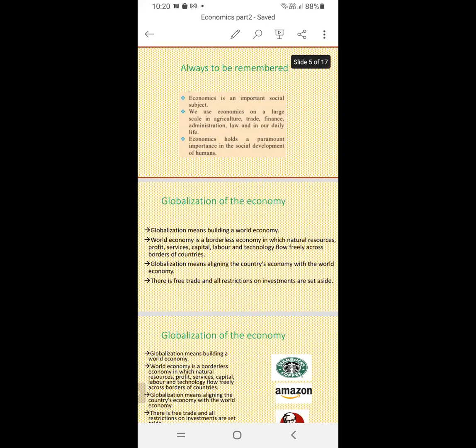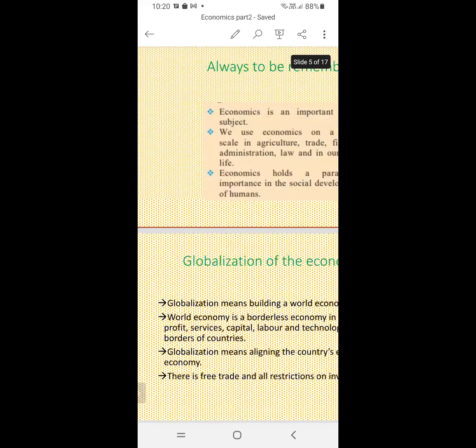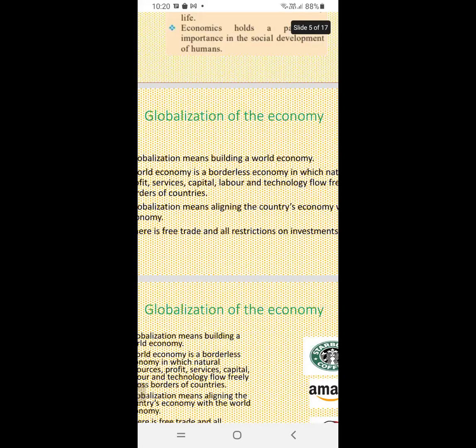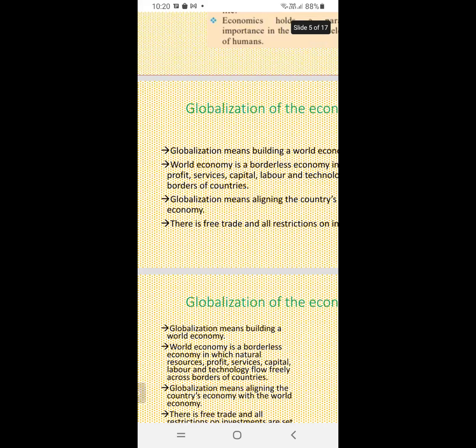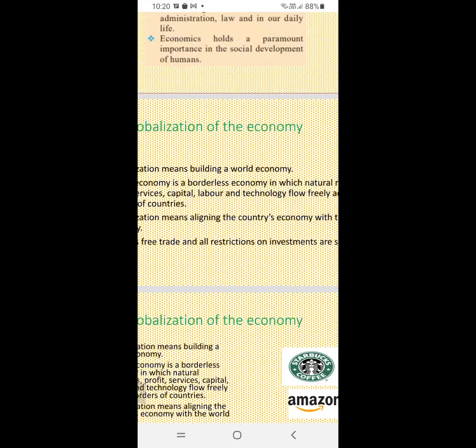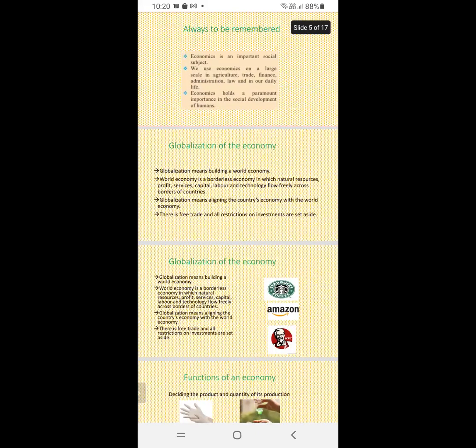The world economy is a borderless economy in which natural resources, profit, service, capital, labor, and technology flow freely across the borders of countries. We can buy anything from anywhere through Amazon. This is called globalization of economy.